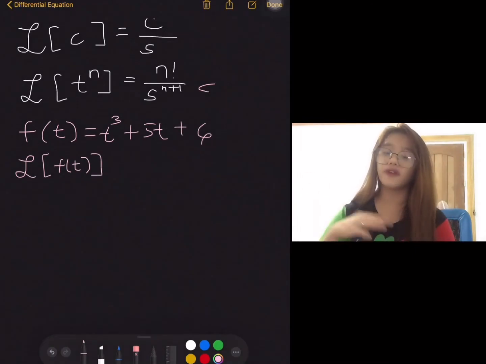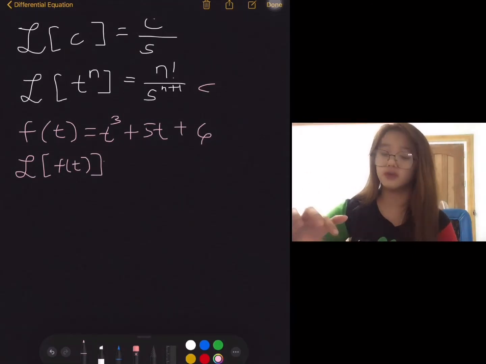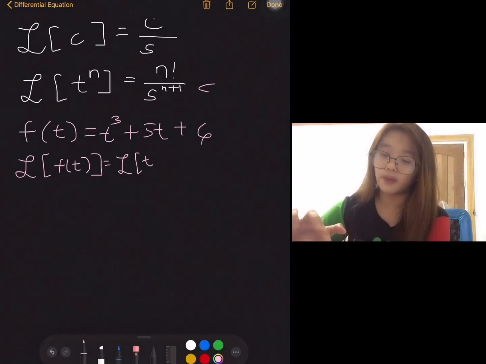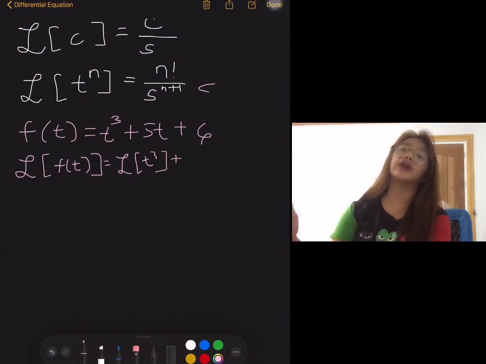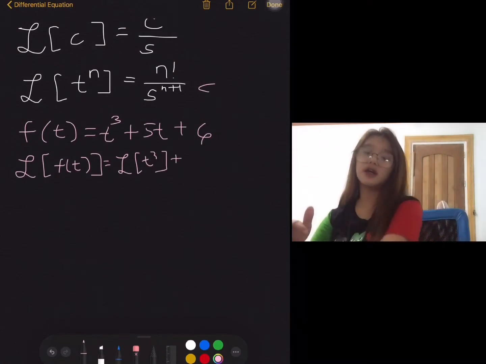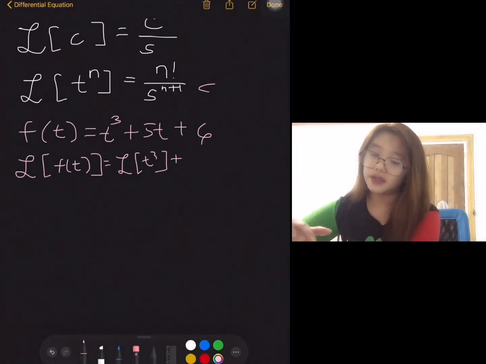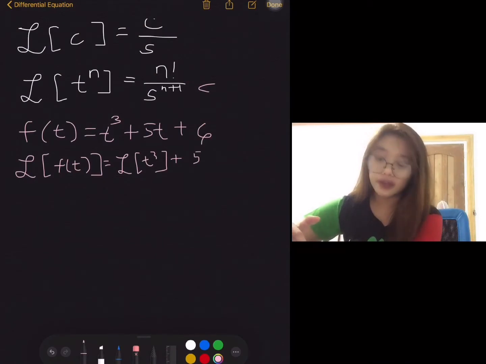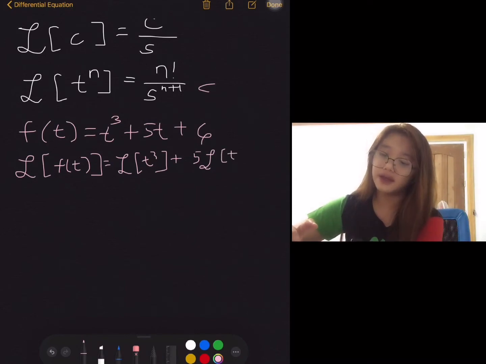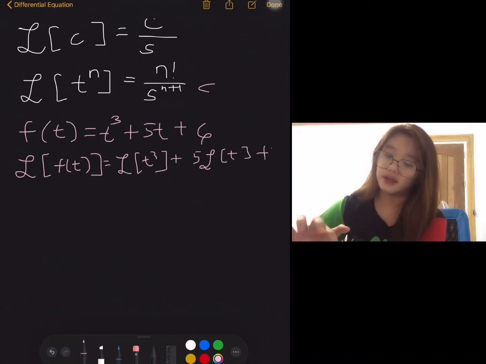The Laplace transform of f of t is equal to the Laplace transform of t cubed plus, the coefficient 5 here will just be a multiplier to the factorial. So let's put 5 outside. 5 times the Laplace transform of t plus the Laplace transform of 6.